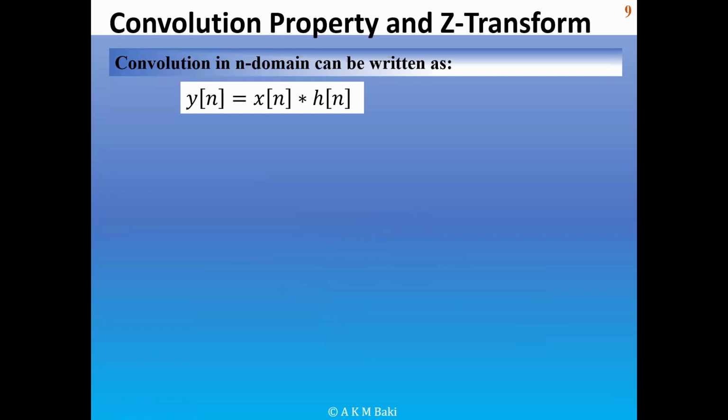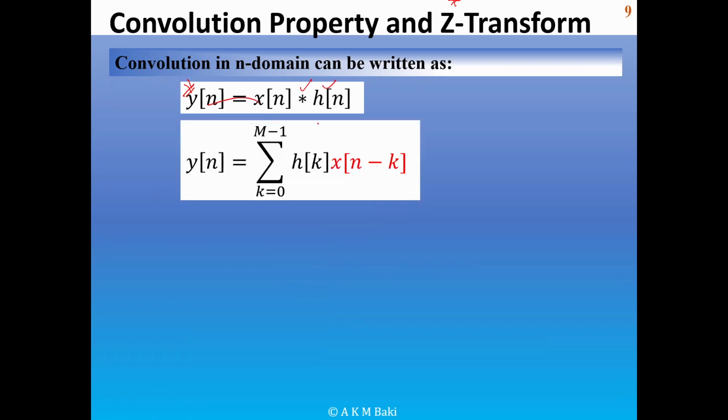Now we will find the convolution property in this transform domain, or Z domain. Again, this is the convolution equation relating input, impulse response, and output. This equation can be written in the form of a summation, starting from 0 up to a certain value.